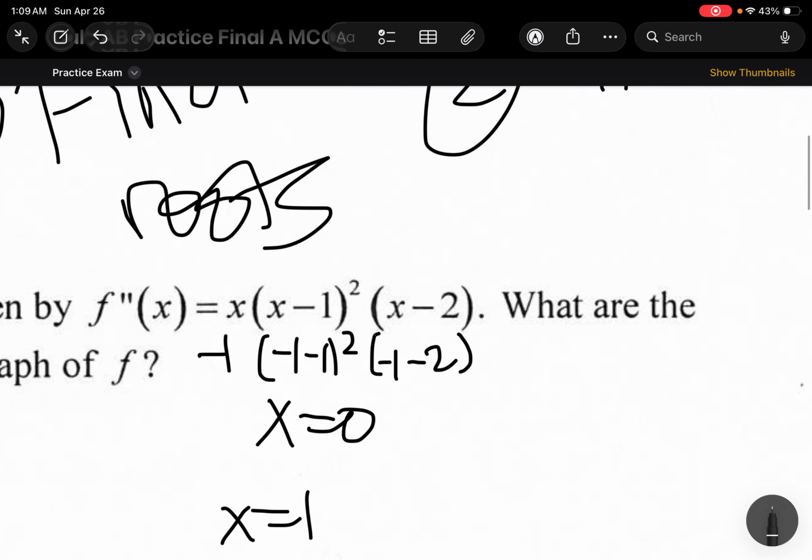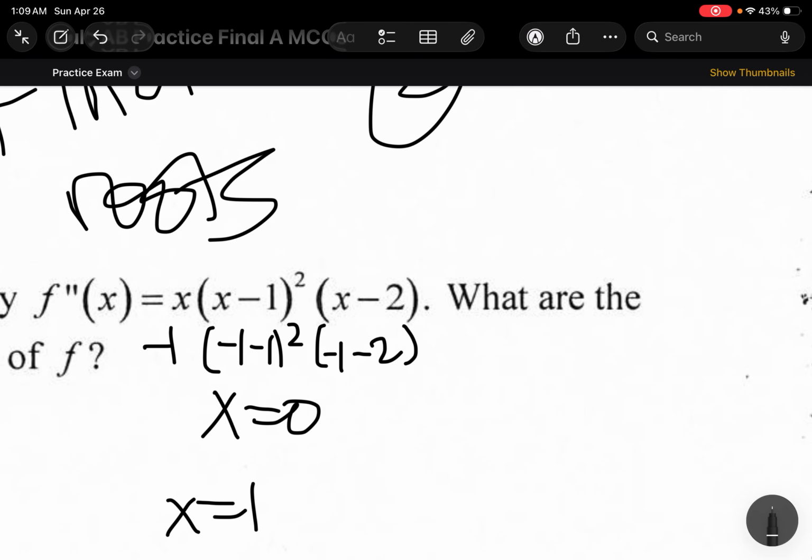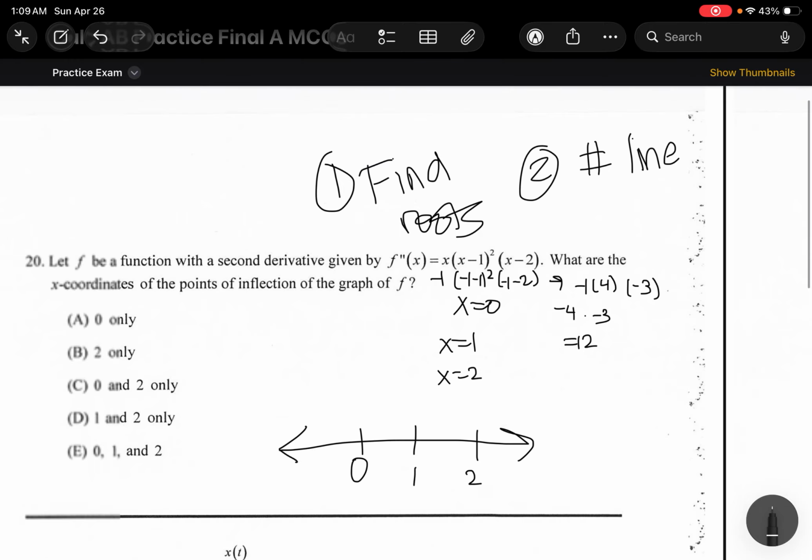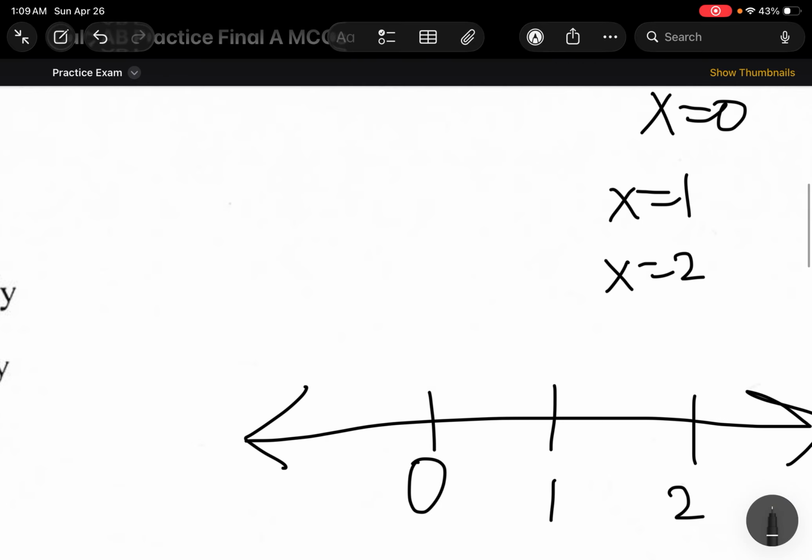Let me just show you the algebra. And the answer is going to be positive for this point here.